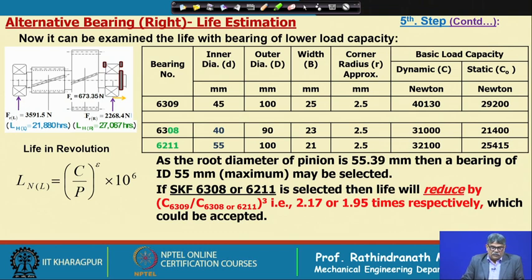That means if we go for 6308, then the left hand bearing life will be almost 10,000, because 21,880 hours divided by 2.17 is slightly more than 10,000, and in case of the right hand bearing it will be around 13,000 or so.